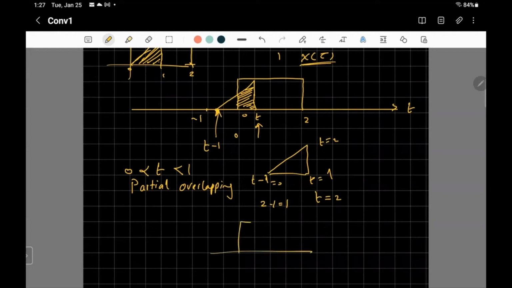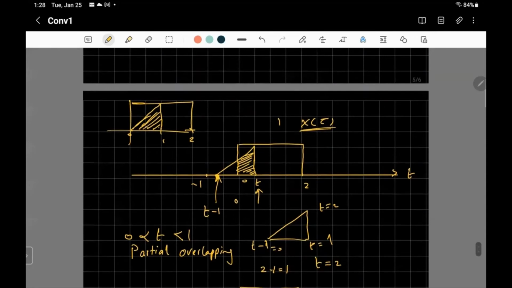That's x, and the h will be from 1 to 2. You are here. You don't want this situation. You are completely inside. No, you want to be just on the edge. You shouldn't even get to 0. That's what I'm saying: t greater than 0 and less than 1. Less than 1, because at 1, it starts the complete overlap. So from 0 to 1.